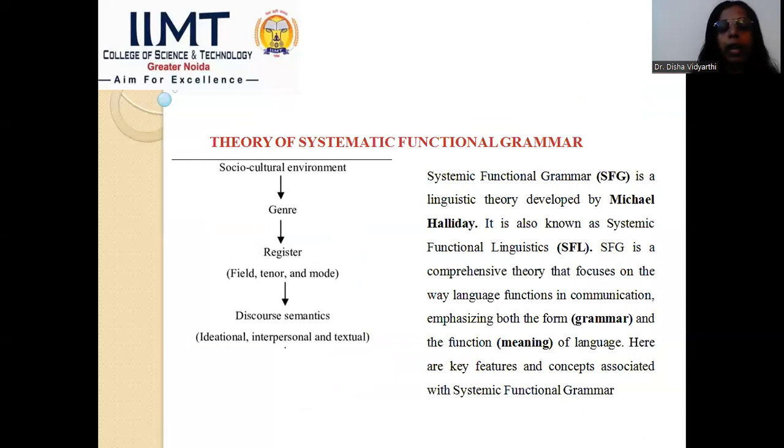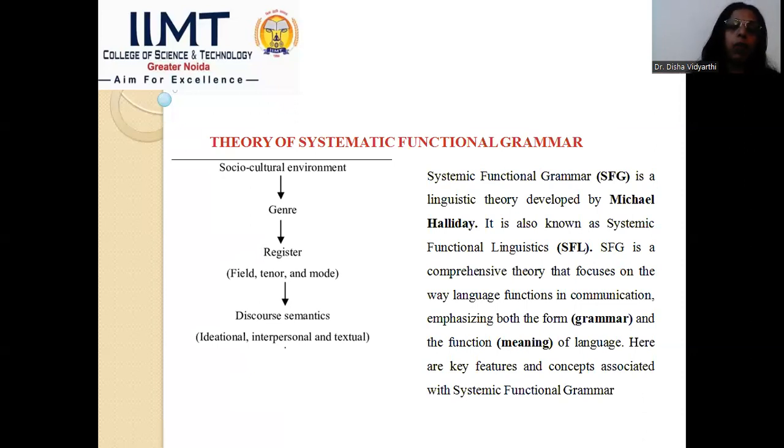It talks about how, apart from the grammatical rules or the structure, there are different elements to the language which form the functional grammar aspects of that given language. Now if you can see the flowchart on the screen, first there is socio-cultural environment.